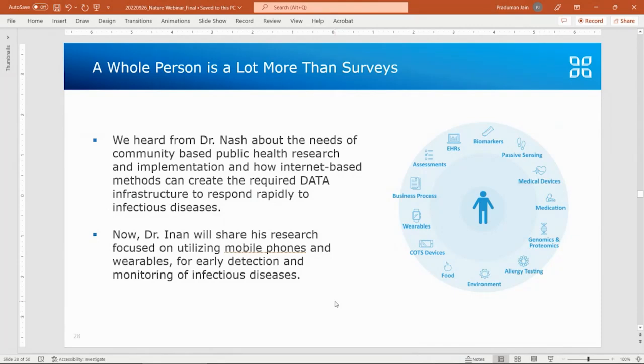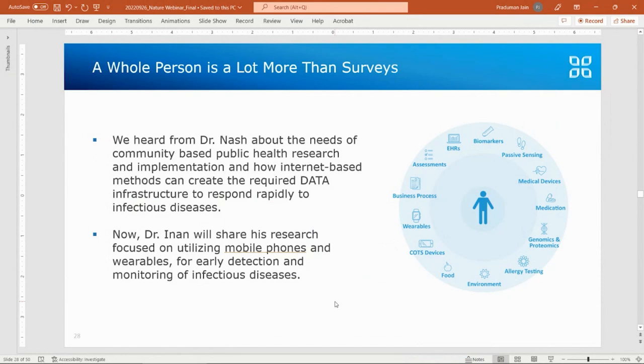Thank you, Dr. Nash, for sharing about your team's pioneering work, particularly in the field of HIV and infectious disease, and how, with the model of community-based public health research and implementation, one is able to add a digital component for much broader and rapid expansion of that epidemiological study through the internet.